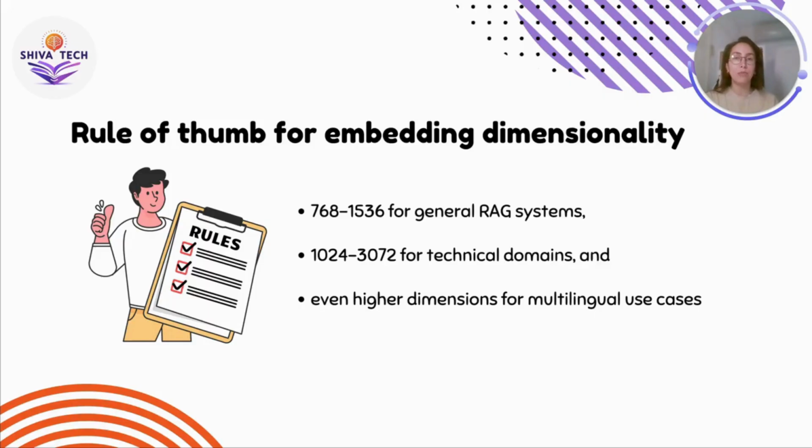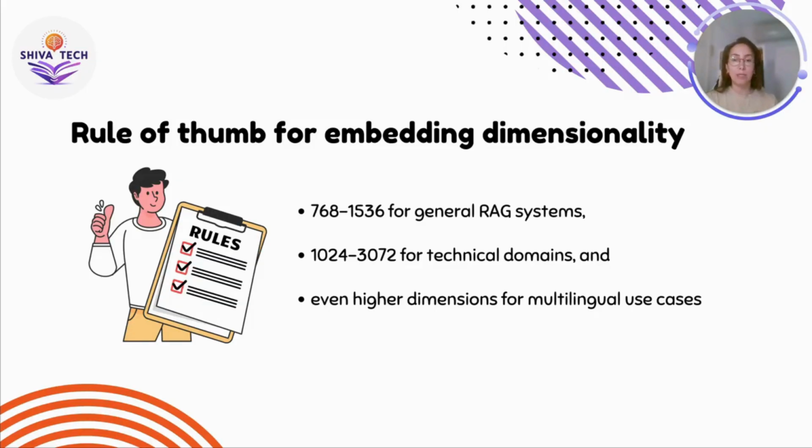If your RAG system is quite general, without much domain-specific detail, I would say go with 768 to 1536 vector sizes for your general RAG system. If your domain is quite specific, especially a technical one, then choose 1024 to 3072.